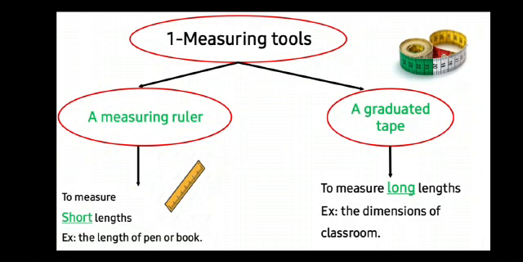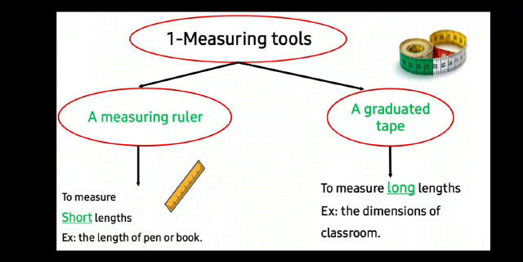The first one is the measuring ruler, or we can say ruler only. And the second tool is the graduated tape. Repeat after me: ruler, graduated tape.